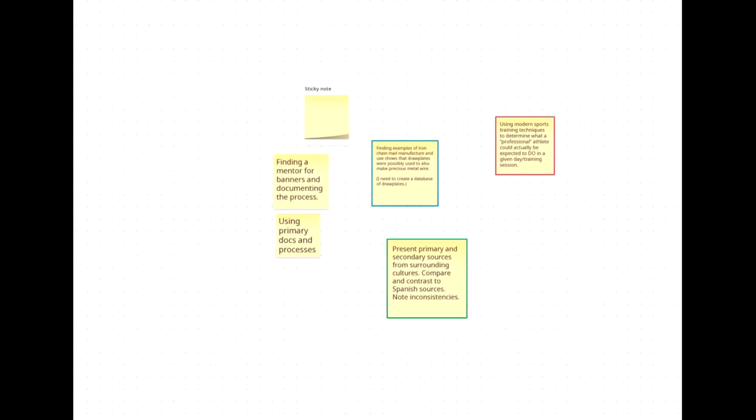Okay, yeah, creating a database of existing pieces, right? Maybe we've got a possible experimental archaeology thing here, building. I think finding a mentor and documenting process is an interesting one too, right?